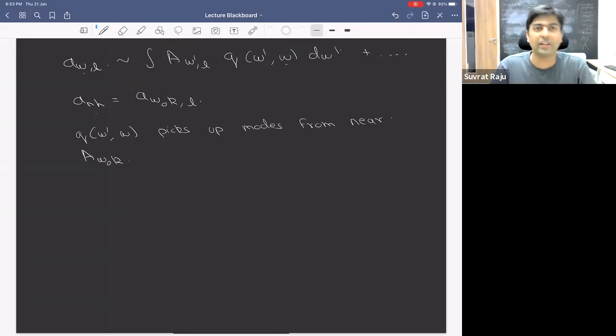But the main point is that this smearing function, whatever it's doing, is going to pick up modes which are very close to basically A omega naught K modes. So it's going to pick up some simple harmonic degree of freedom, which we can call A omega naught K. Remember, these near horizon modes are implicitly defined with some choice of frequency, and that choice of frequency translates into the kinds of frequencies that you pick up from the global modes, but it translates with a factor of the surface gravity.